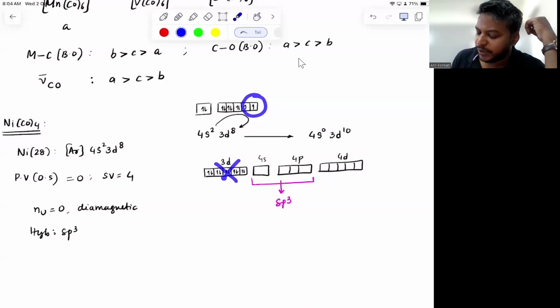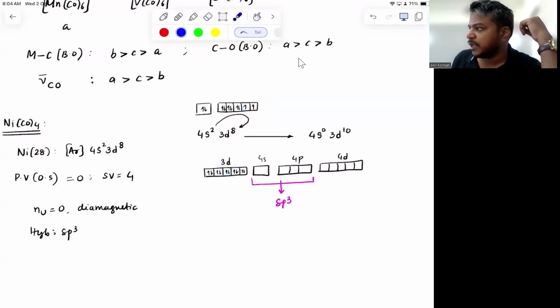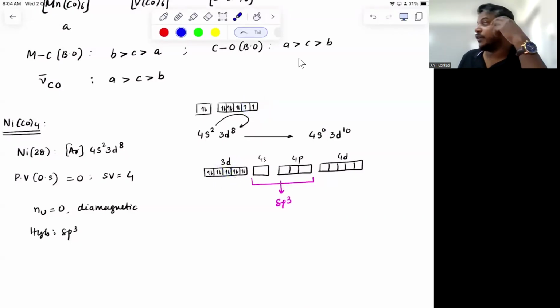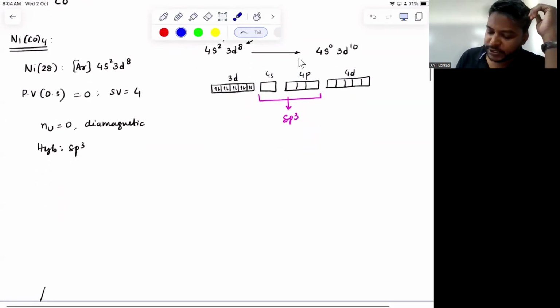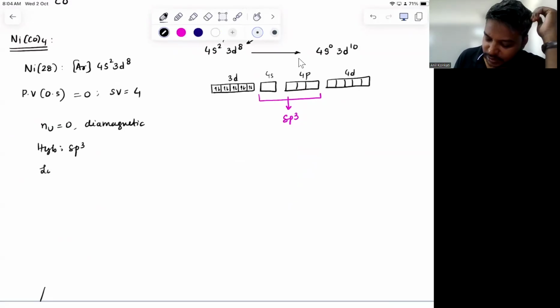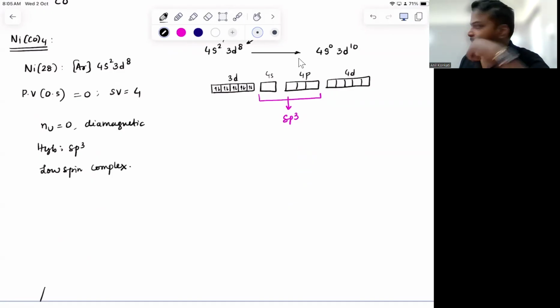But now the number of unpaired electrons has become 0. When the number of unpaired electrons decreases from the original value, we call such complexes low spin complexes. So this would be one of the low spin complexes. Clear, everyone? I hope all of you got this, right?